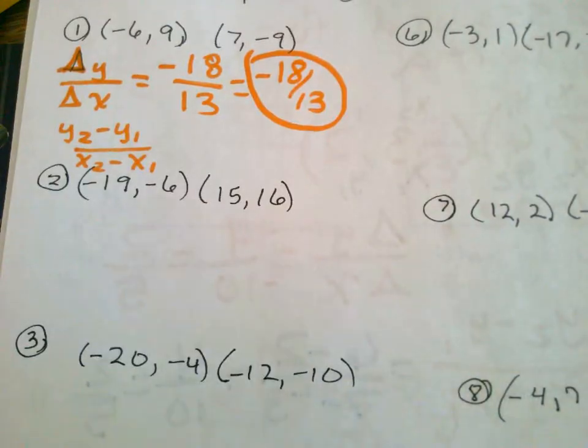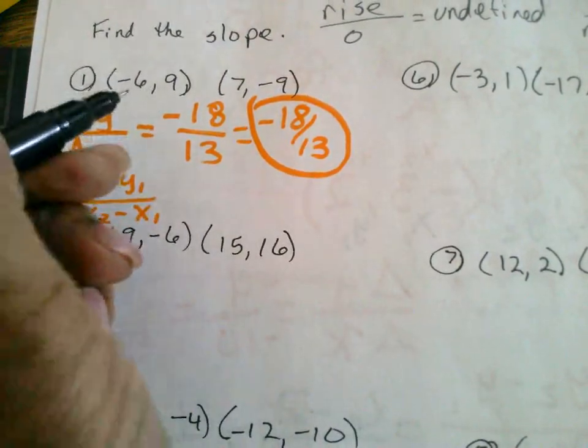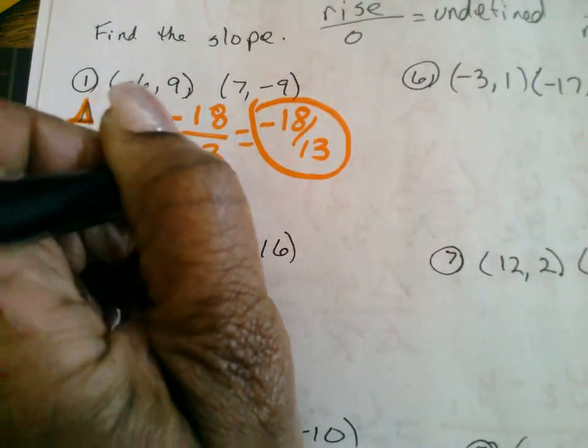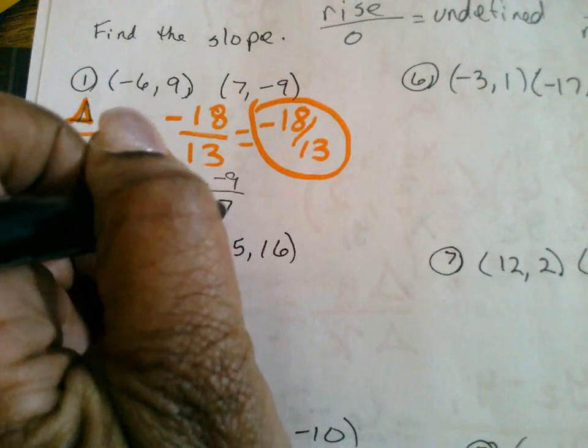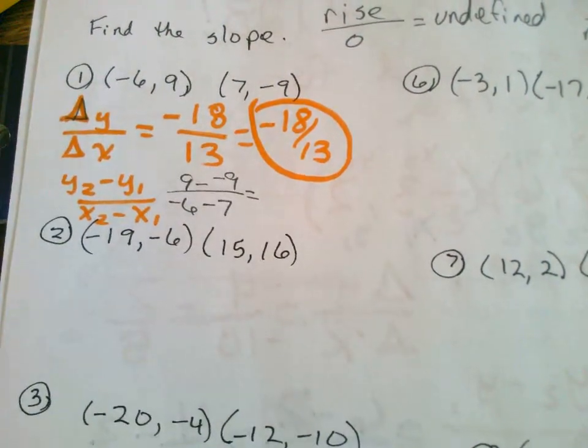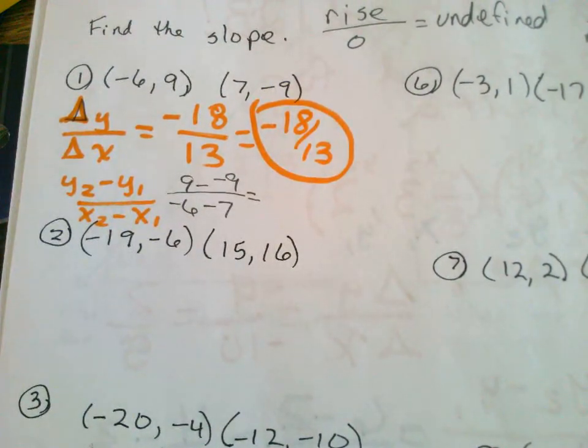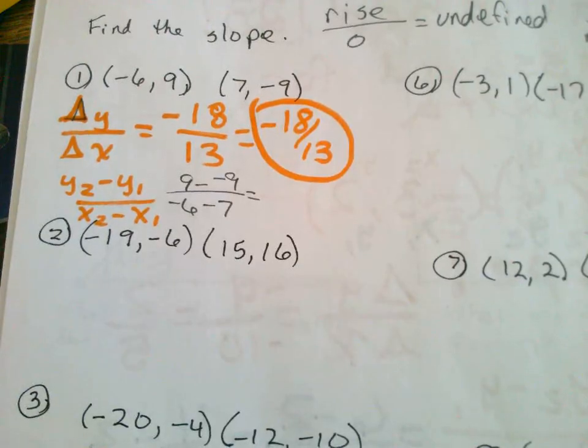The change in y over the change in x or the slope formula. Now, I did not show the slope formula for number 1. But if I show you the slope formula, it'll be 9 minus negative 9 over negative 6 minus 7. Me personally, I'm not a fan of the slope formula because I know like at your age, I wasn't 100% developed with working with negatives and positives.